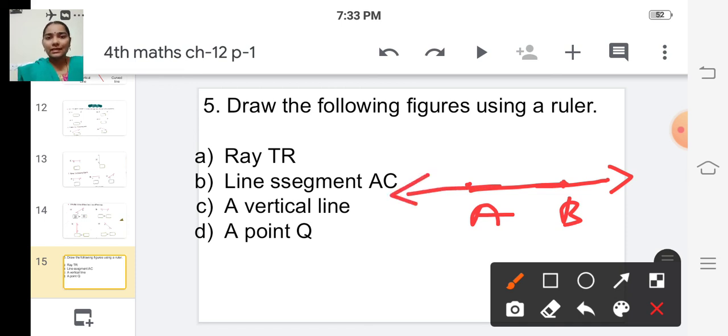It can be represented as AB with arrowheads on both sides.